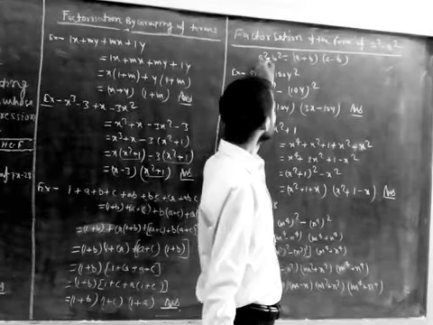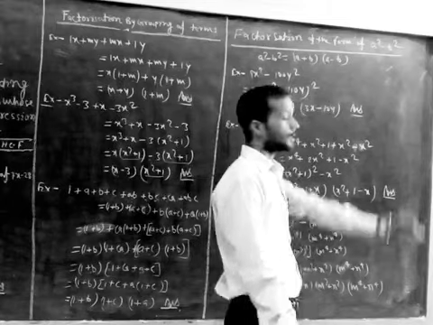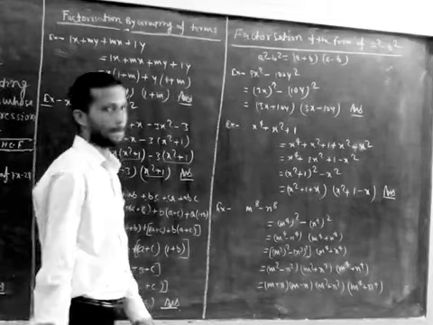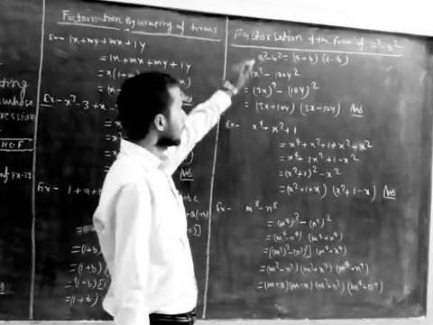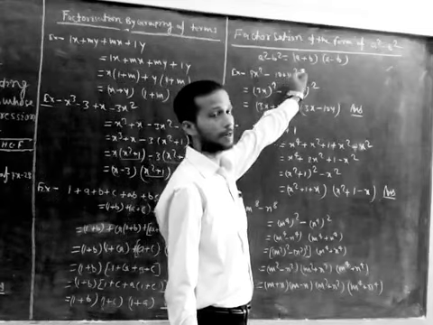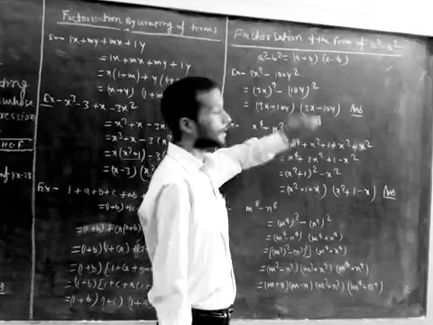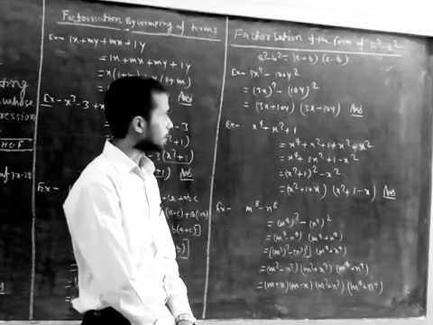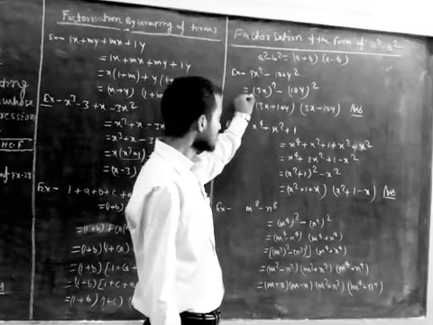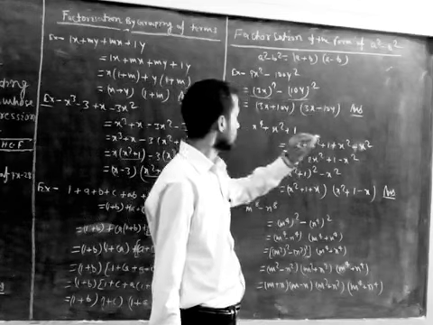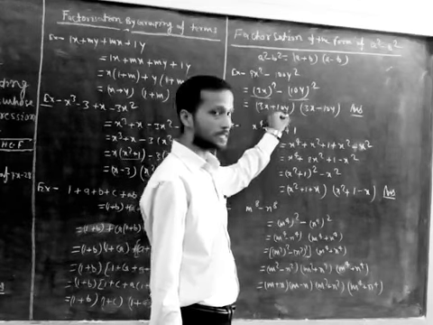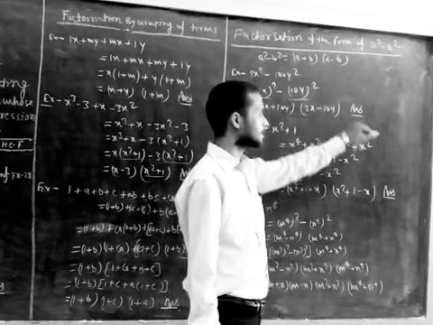A square minus b square is equal to (a plus b) into (a minus b). For example, 9x square minus 100y square is equal to (3x) square minus (10y) square. That is a square minus b square. A plus b is 3x plus 10y, a minus b is 3x minus 10y.